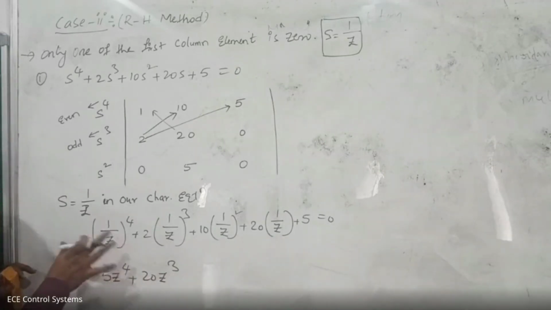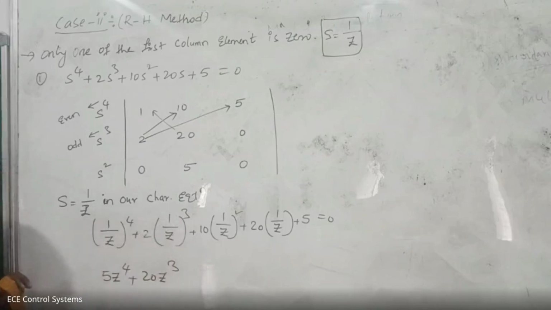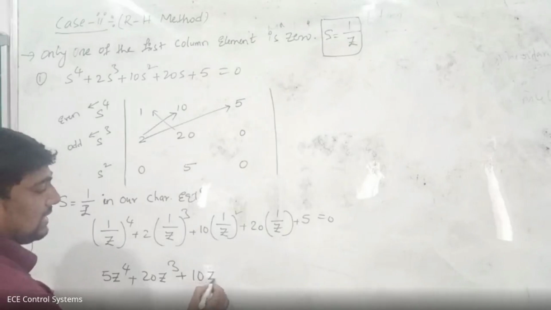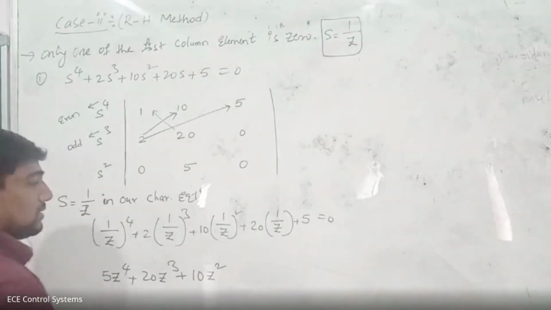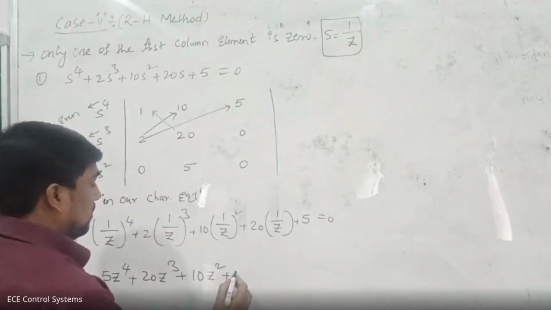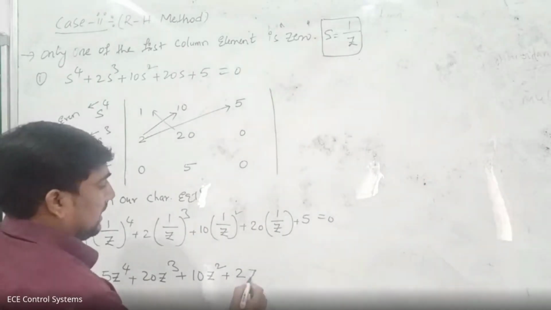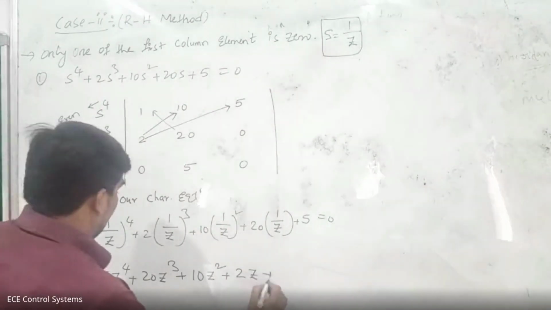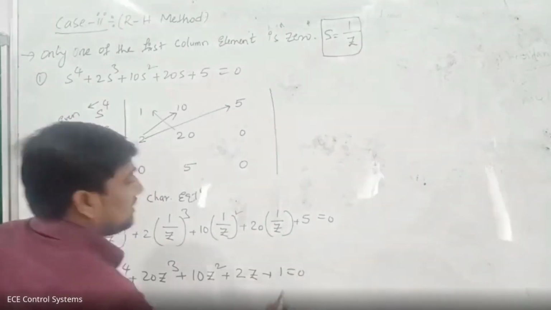Just solve this equation, and from it you get the final answer: 5 into Z power 4 plus 20 into Z power 3 plus 10 into Z square plus 2 into Z plus 1. This is our final answer.